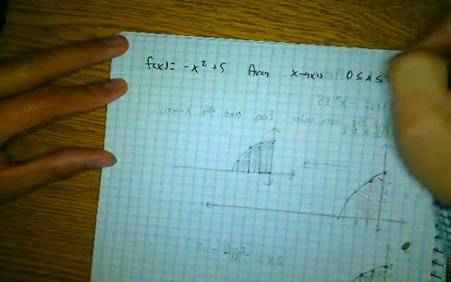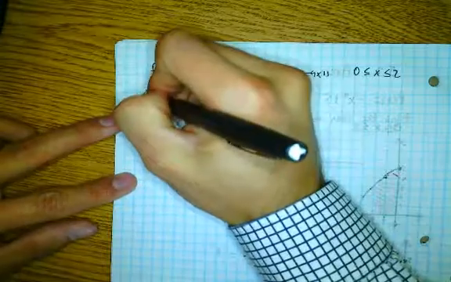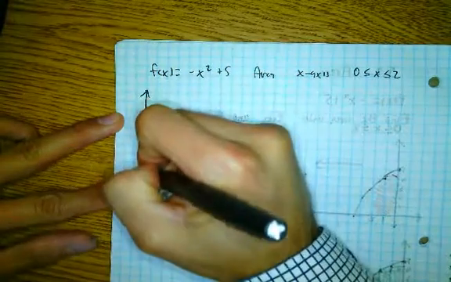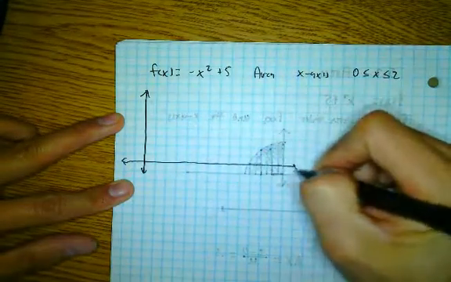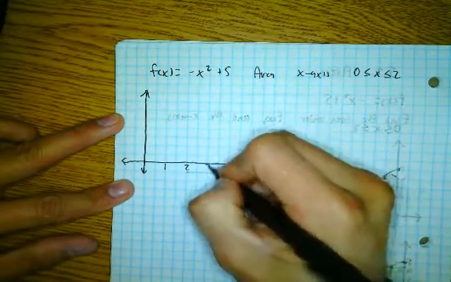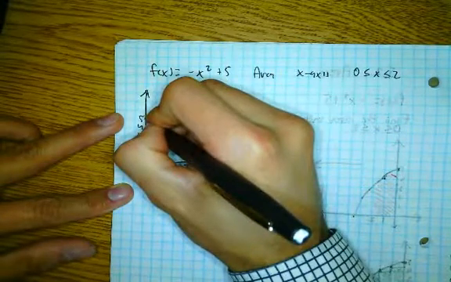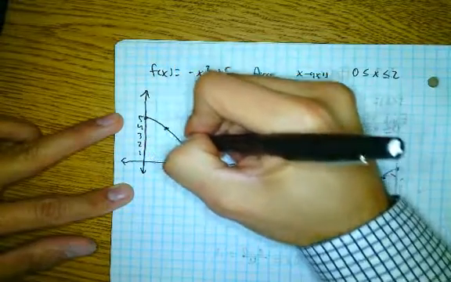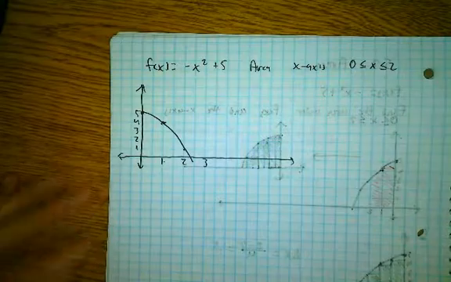Okay? So I have the same graph here. That's 1, that's 2, that's 3. 1, 2, 3, 4, 5. Okay? Let's pretend we're still going to use 4 rectangles. You guys with me? But this time, what if I do this?